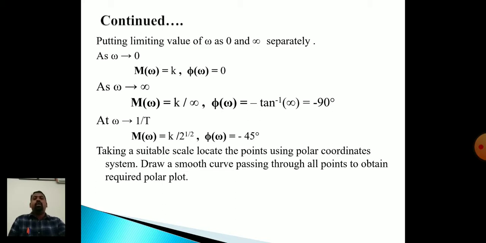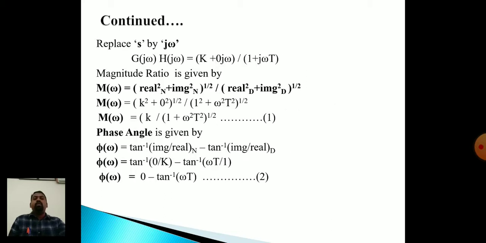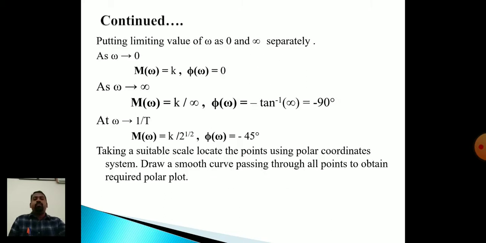What about φ(ω)? If ω tends to infinity, that is minus tan inverse of infinity, which is equal to minus 90. So after substituting the limiting values of ω as 0 and infinity, we are getting M(ω) as k and φ(ω) as 0 for ω equal to 0. When you substitute ω as infinity, the magnitude ratio M(ω) is k by infinity, and φ(ω) is minus 90.